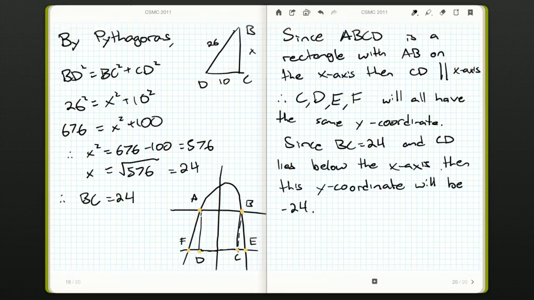So if we think back to part A, when we figured out the x-coordinates of A and B, well, we figured out their y-coordinate was 0 because they lie on the x-axis, and from there we used the equation of the parabola because we knew that A and B were on the parabola. We used the y-coordinate to solve for the possible x-coordinates. E and F, we're going to have the exact same scenario.